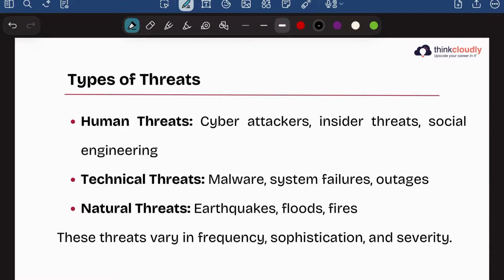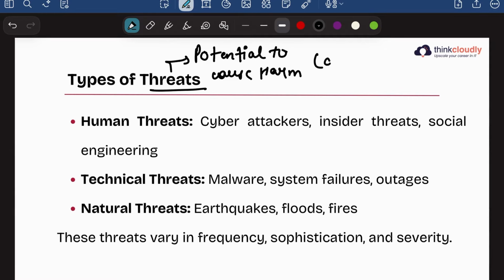Similarly, threat in common terms, if somebody asks you what a threat is, even in interviews, the one thing that you should tell them is the potential to cause harm, or you can call it danger. Weakness, this is the danger, and the possible outcome out of the two is the risk.